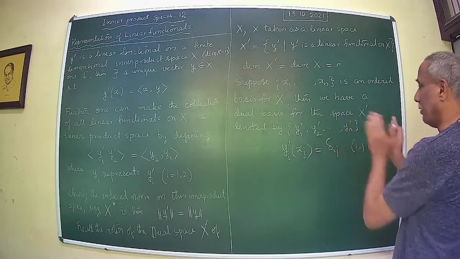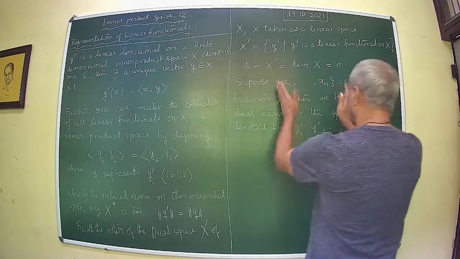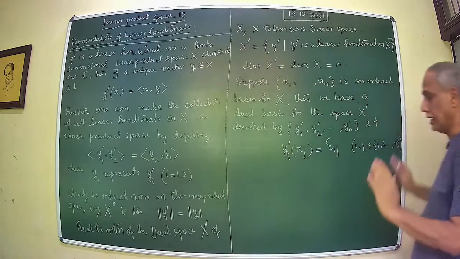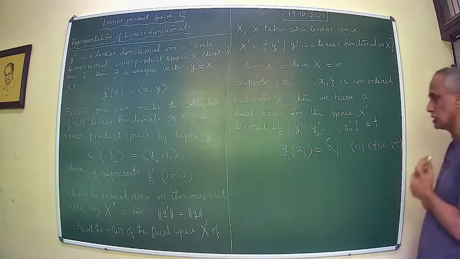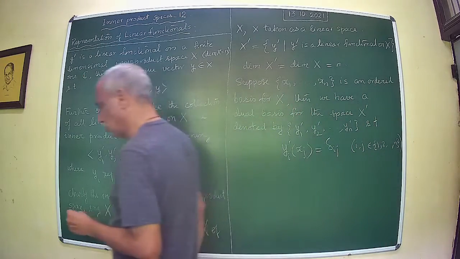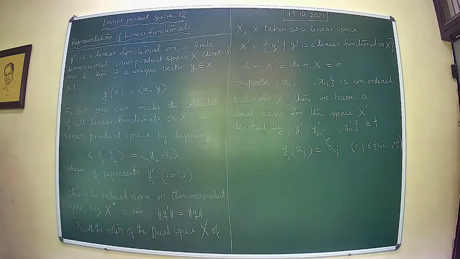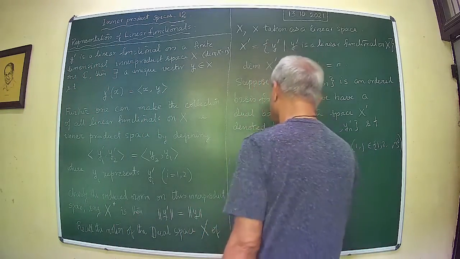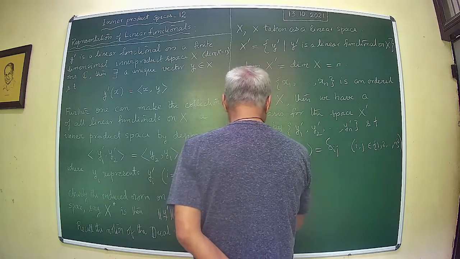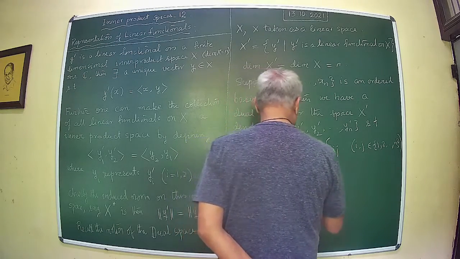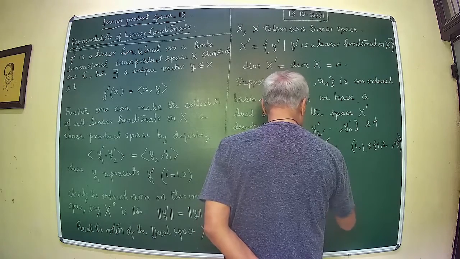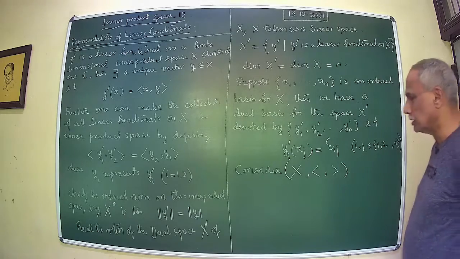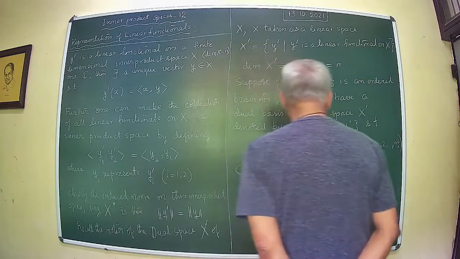But we don't have any property like orthogonality or any such thing because we don't have any such structure available on X. But suppose your X has an inner product. So consider X with an inner product. That is the inner product space X. Okay.